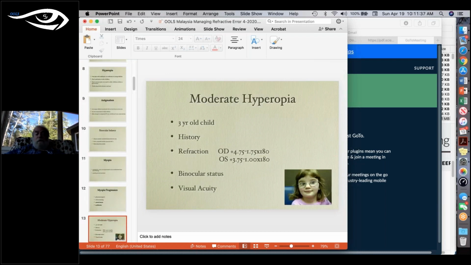Okay, so here's a case. This is a very typical situation in my experience. A 3-year-old child comes into your office. The history in this case, and it's just hypothetical, is that the child appeared to have perfectly normal, healthy eyes. The parents noted no issues of any kind whatsoever. But last week, the child developed a fever and a cold and a cough, hopefully not COVID-19.